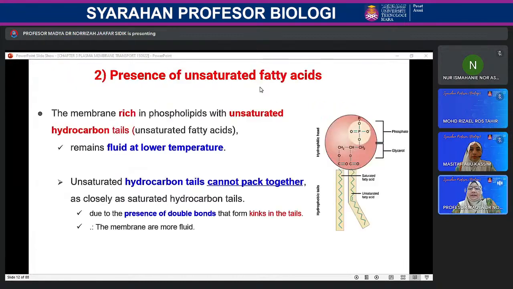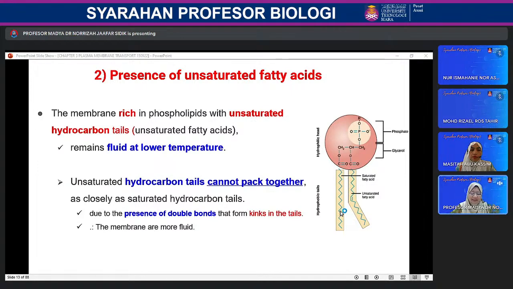If you look here, the phospholipid has two tails. One is the straight tail, and the other one is the bent tail. You can see the bent tail here. The saturated fatty acid can be found in the straight tail.